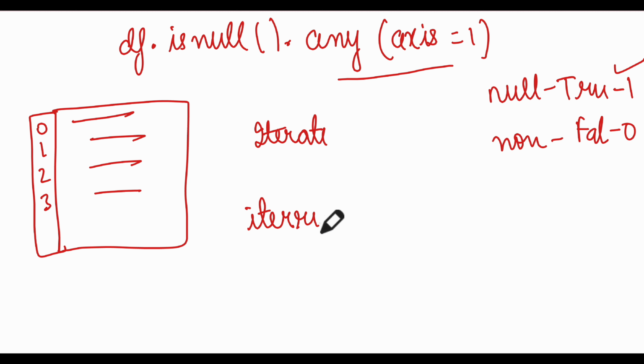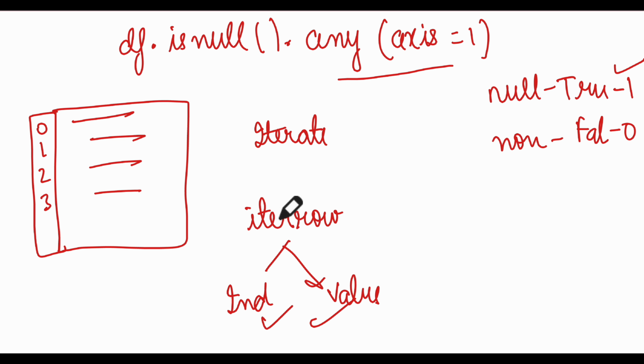What it does is it iterates over each row, and each row has two characteristics: it has an index and it has the value. So you can print any of that information using iterrows. Once you do this, it will convert it into a tuple, just like we did in shape. So it will convert it into a tuple, and then you can refer to any object.